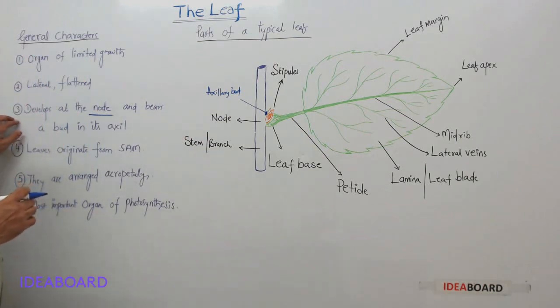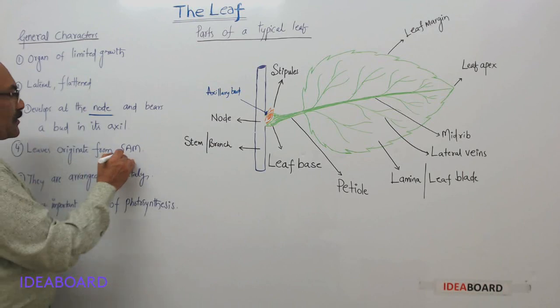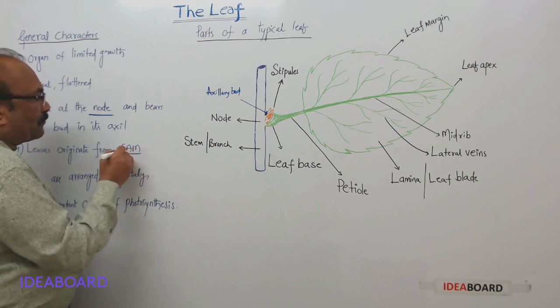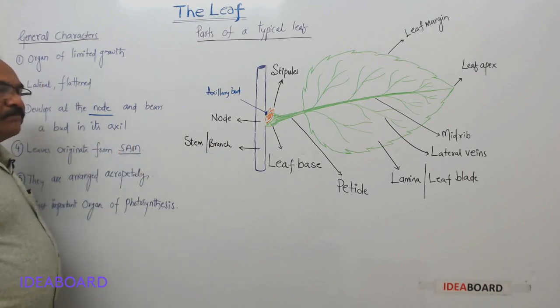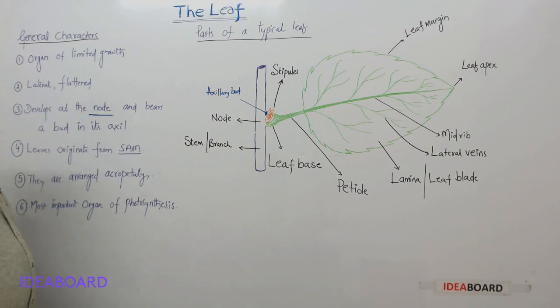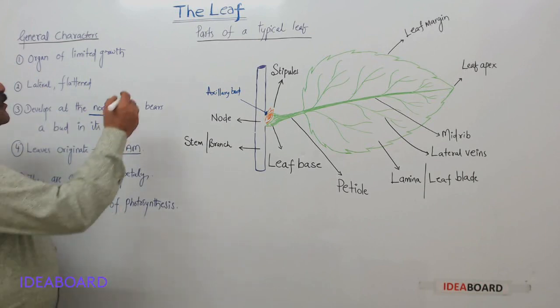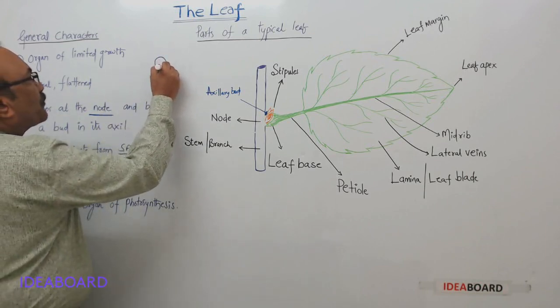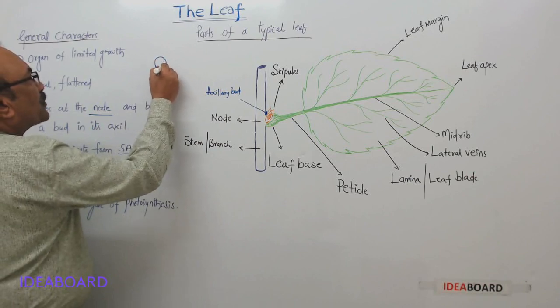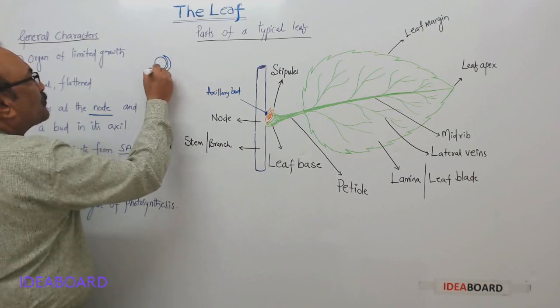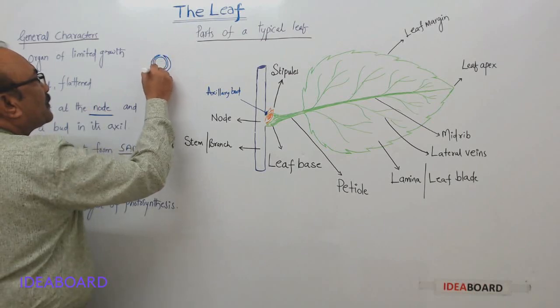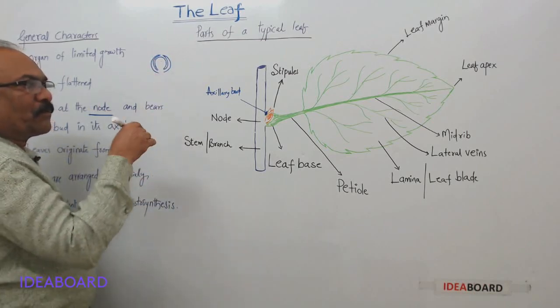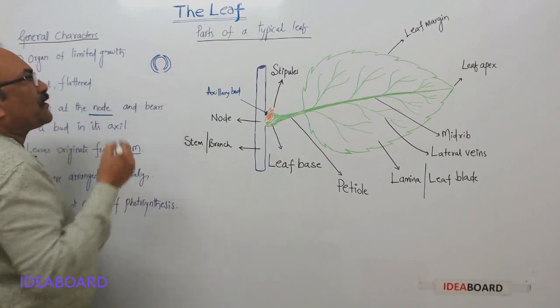Now let us see the next one. Leaves originate from SAM. What is SAM? Shoot apical meristem. Leaves originate from the shoot apical meristem. If you take the shoot apical meristem, it is composed of meristematic tissue and is protected by the leaves. Who produces these leaves? This apical meristem itself.